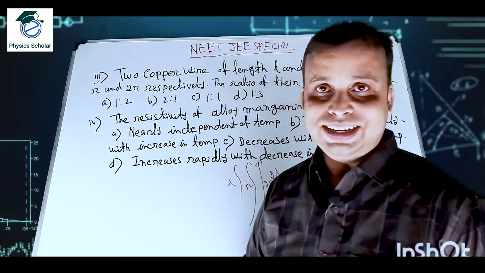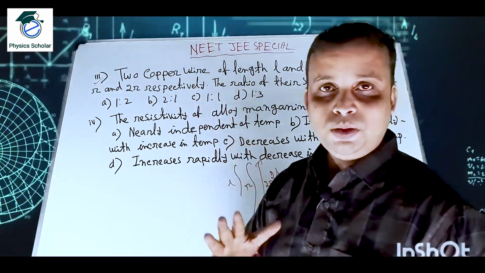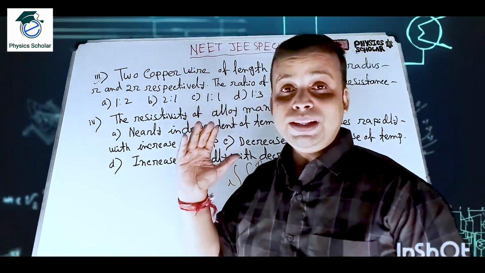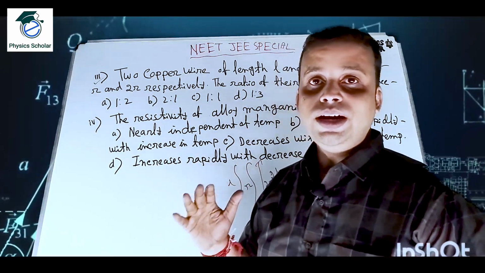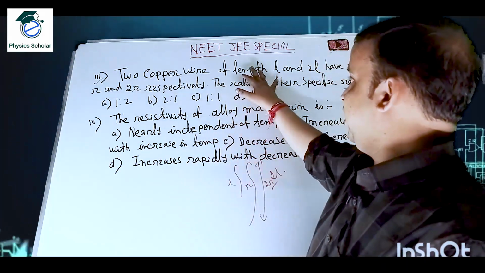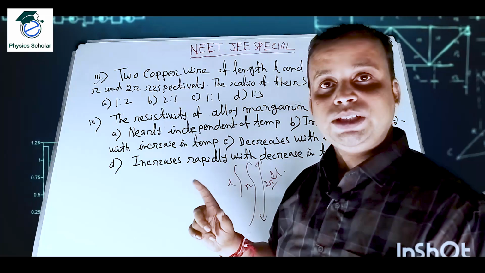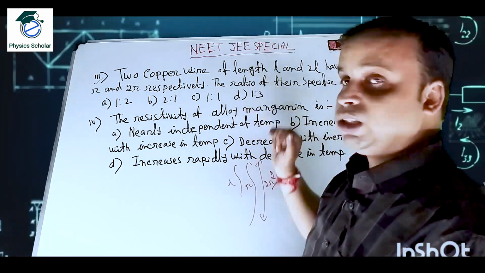Remember one thing: this is basically a question designed to confuse you in the examination. The specific resistance does not depend upon the length or dimensions of the conductor, but it depends upon the material of the conductor.